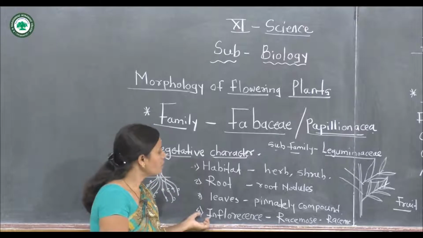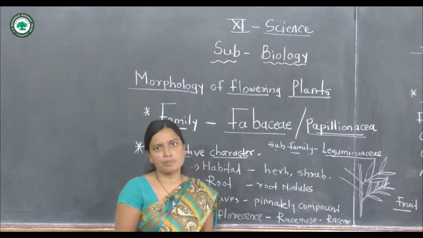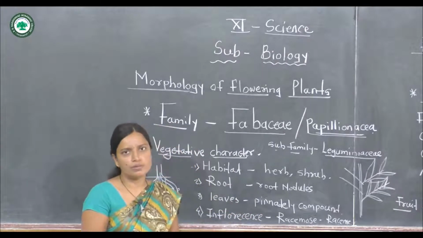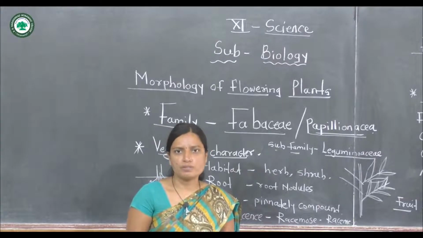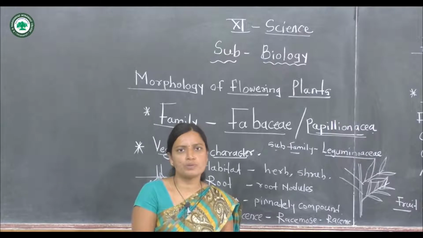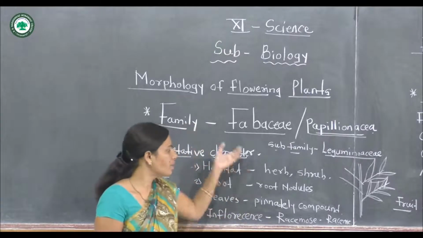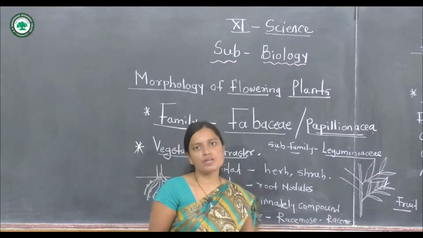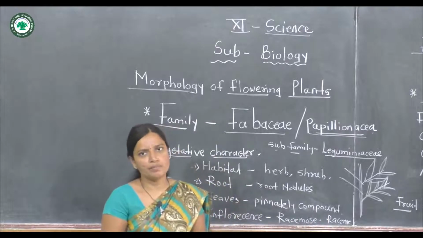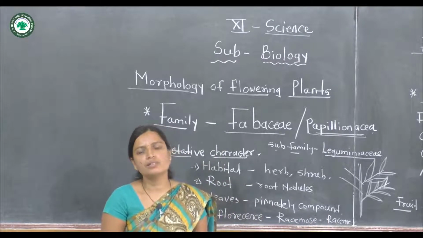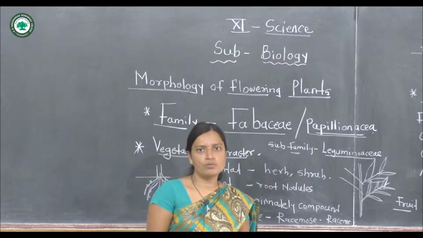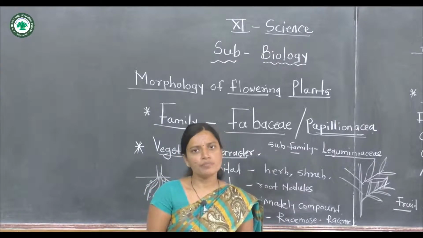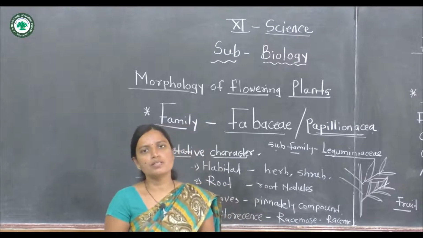Now the next character is inflorescence. What is inflorescence? An inflorescence is a group of flowers, meaning flowers arise in groups. In this family the racemose type of inflorescence is present. There are two types of inflorescence, already discussed in the last lecture: racemose and cymose.